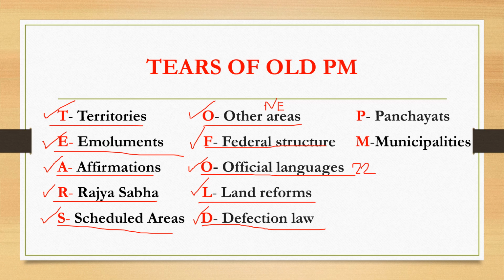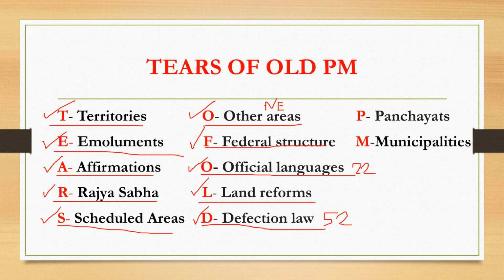The 10th schedule deals with the provisions as to disqualification on grounds of defection, that is the anti-defection law introduced by the 52nd Constitutional Amendment Act.